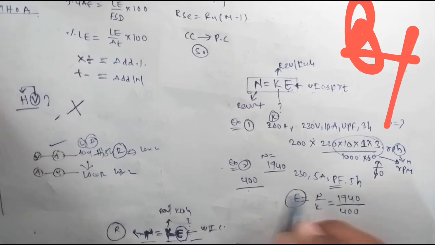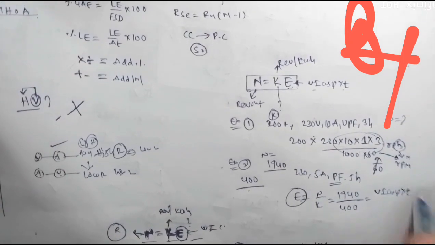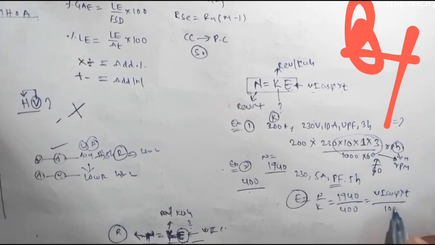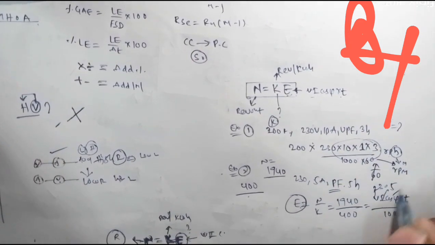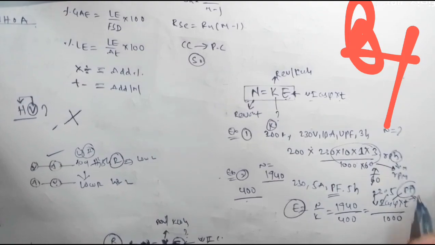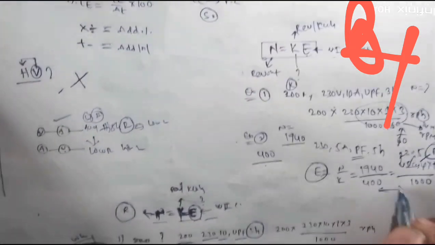We obtain E. Then E is VI cos phi into T by 1000. Here we have 230, I as 4, and time is 5 hours, and we need the power factor. Simply solving this, we can obtain the power factor.